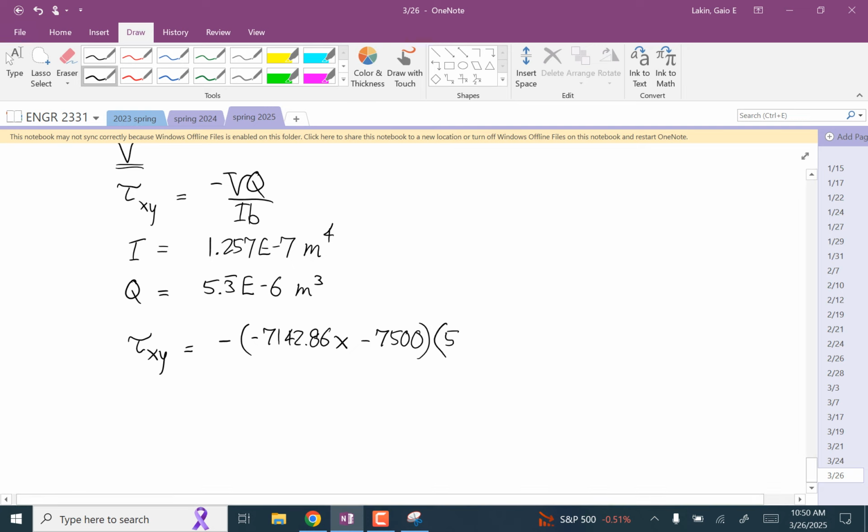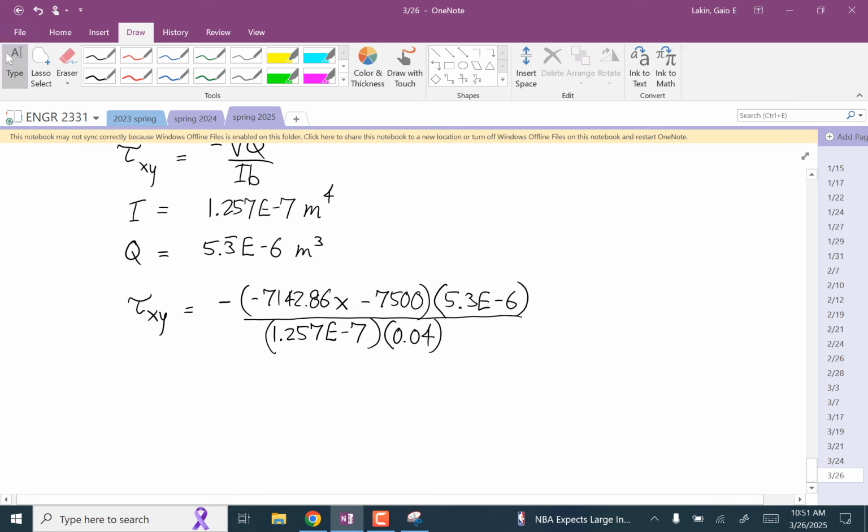Times 5.3 repeating times 10 to the minus 6 divided by 1.257 times 10 to the minus 7 divided by B, which is the diameter. And so you can write this as, so 5.